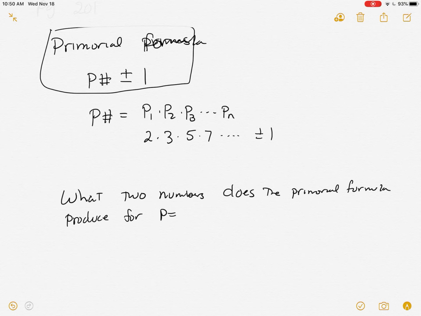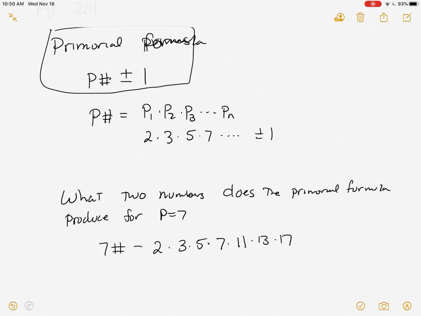With P equal to 7, if we understand this formula right, the primordial number considered with 7 would be 2 times 3 times 5 times 7, not 9. The next prime number is 11. The next one's 13, and the next one is 17. Right?